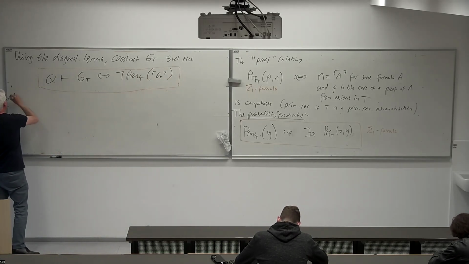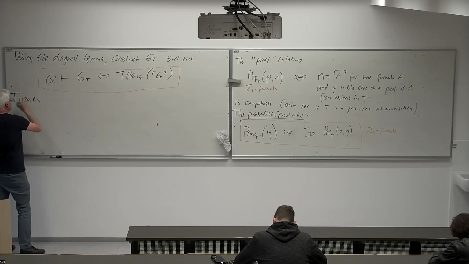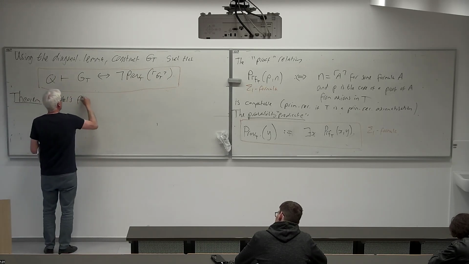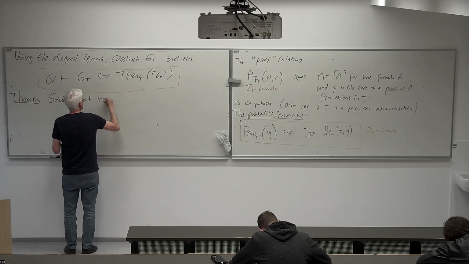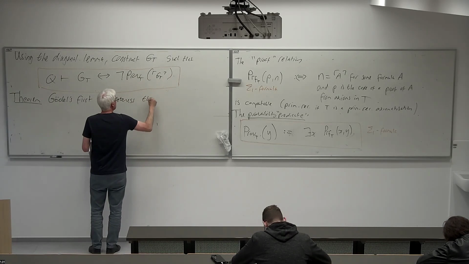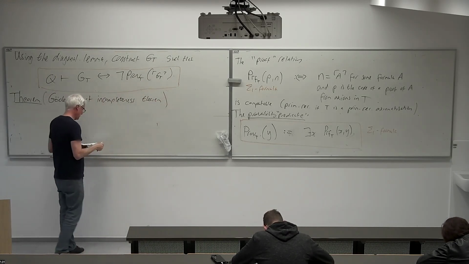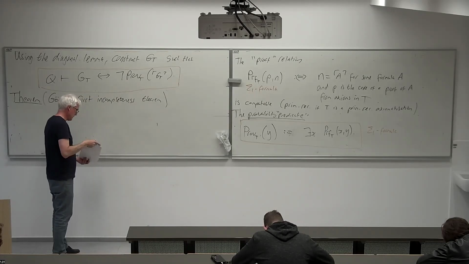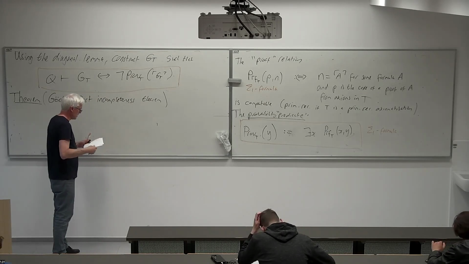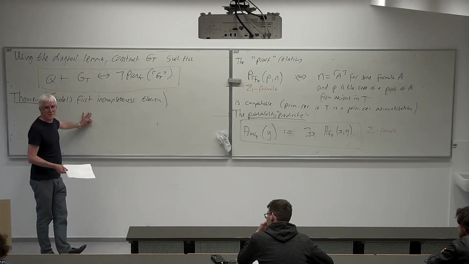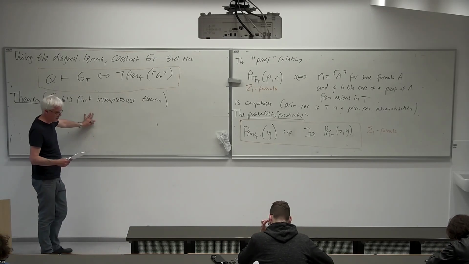And now we can state Gödel's first incompleteness theorem. So suppose T is a computably axiomatized extension of Q, but I won't write that because that's our running assumption.